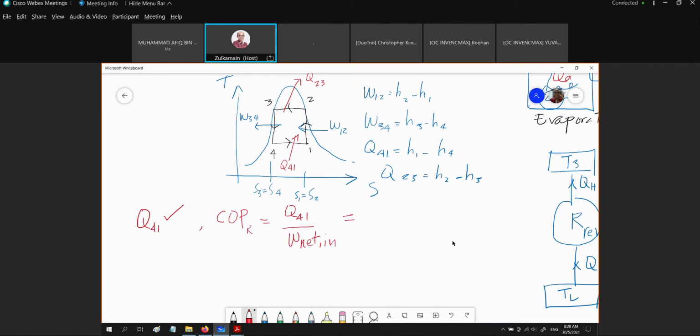And for a cycle, this could be written as Q41 divided by W net in.